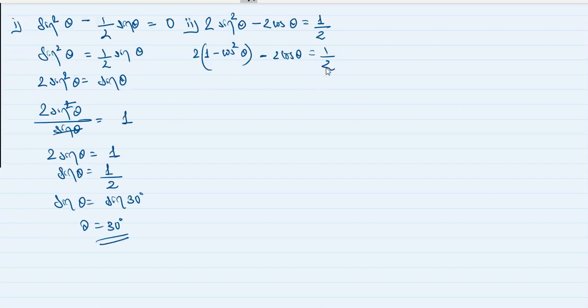Let's take this 2 to the other side. So we have 2 the whole bracket, 2 times 1 minus cos square theta, and here we have minus 2 cos theta.